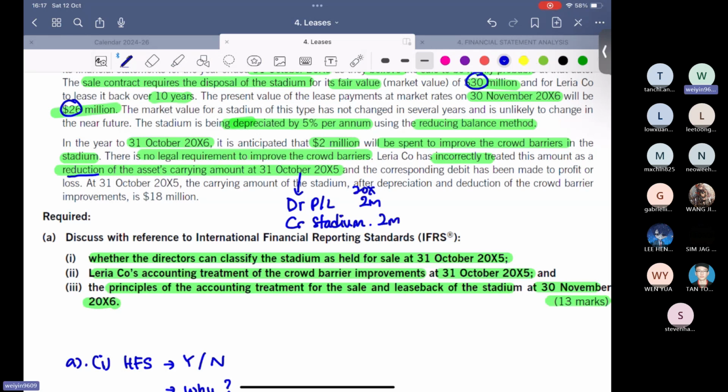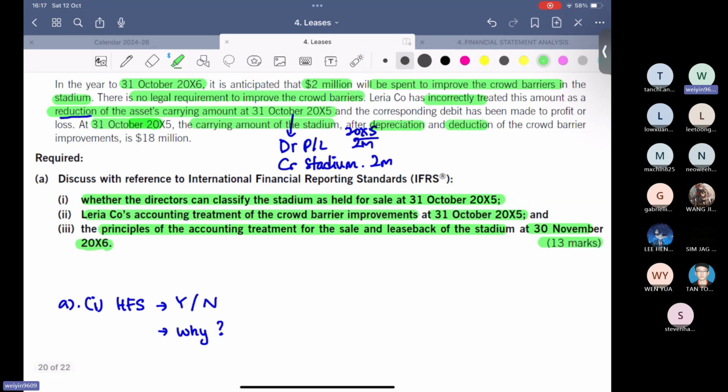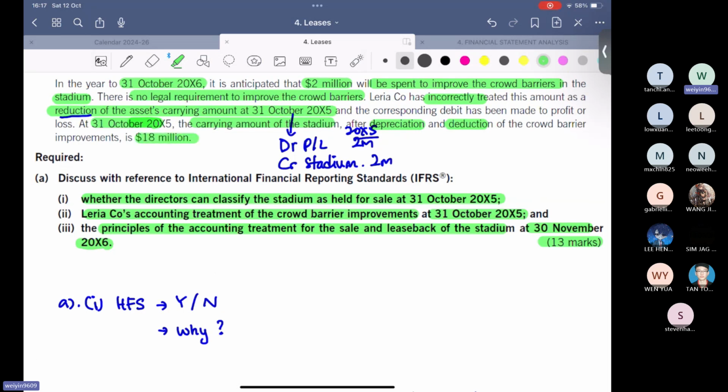in 20X5. And then they also say that at 31st October X5, the carrying amount of the stadium after the depreciation and reduction for the crowd barrier is 18 million. That means you already underestimated it.